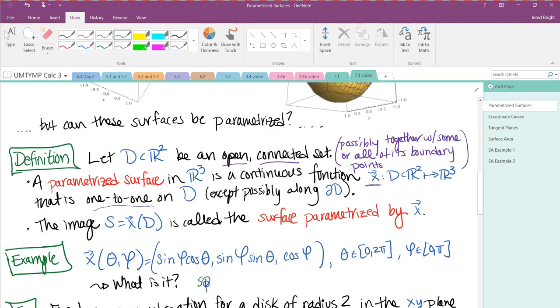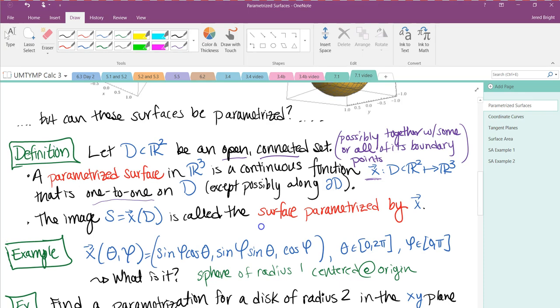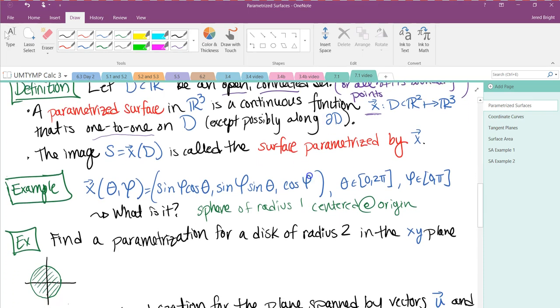More specifically, it's a sphere of radius 1, centered at the origin. This example is going to come back over and over and over, so I would suggest that you get familiar with it.